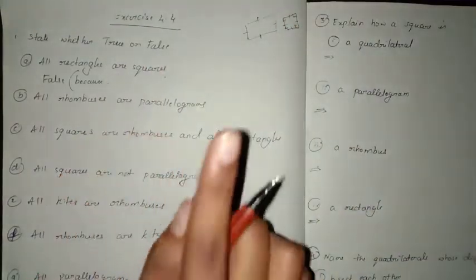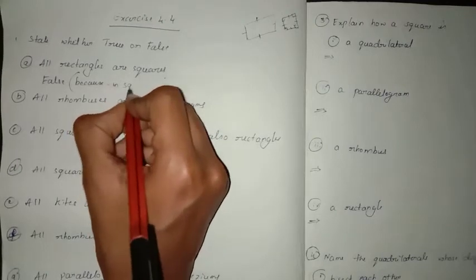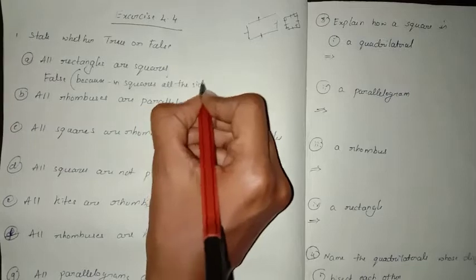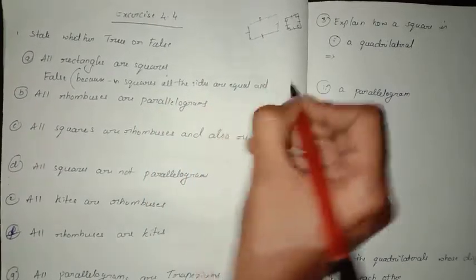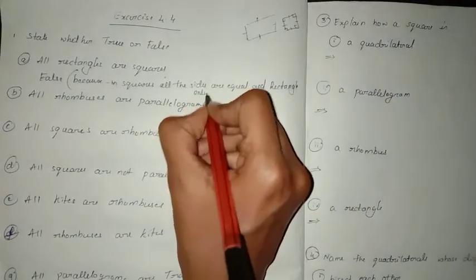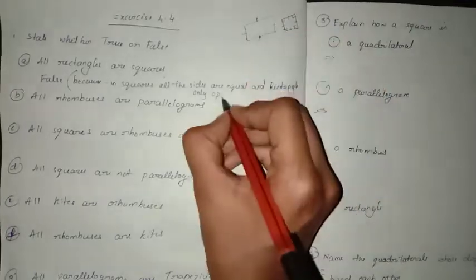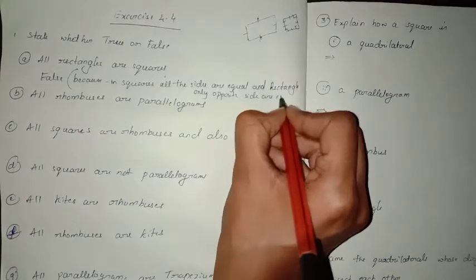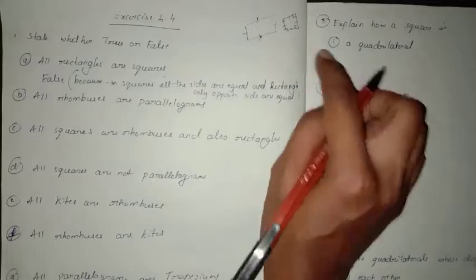In squares all the sides are equal, and in a rectangle only opposite sides are equal. Opposite means face to face: these two are equal, these two are equal. You can include the angle also here: in squares all the angles are 90 degrees.